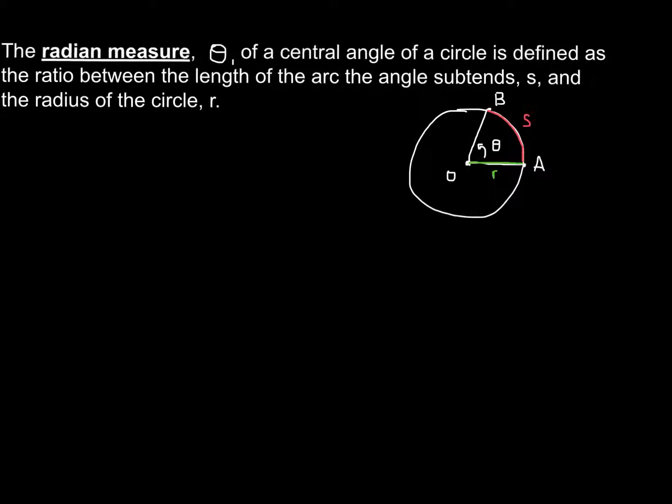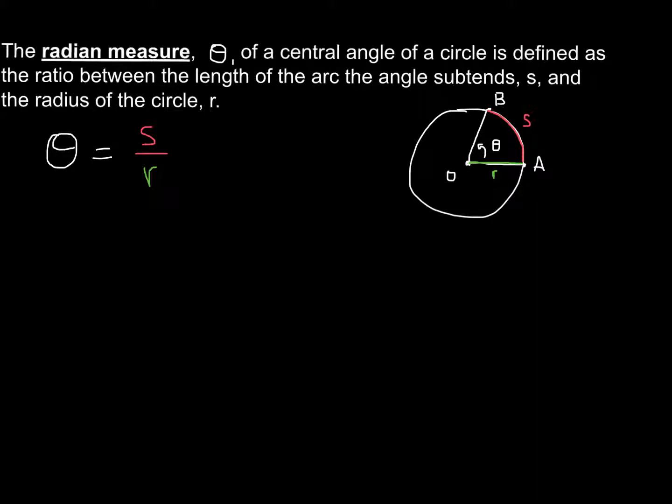The way that we measure it is in radians, by asking how far did you travel relative to the radius of your circle? So to define this angle, we take the value of S, the arc length, and divide it by the value of R, the radius.